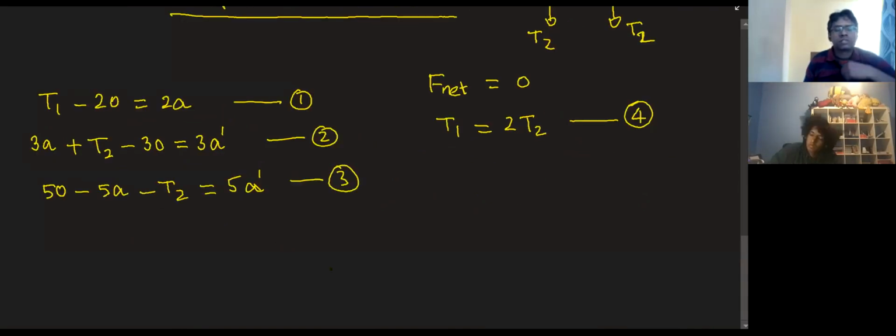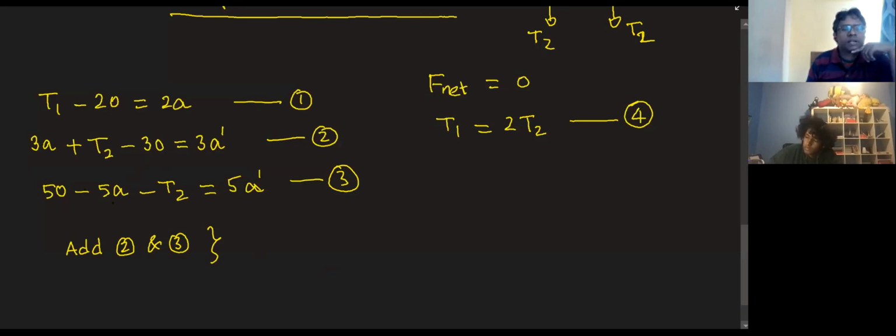Now if I add equations 2 and 3, the tension T2 disappears. So I have 50 minus 30, that is 20, on one side, and then 20 minus 2a.